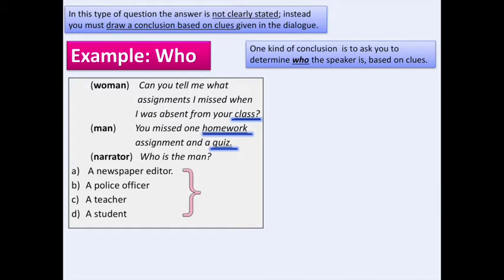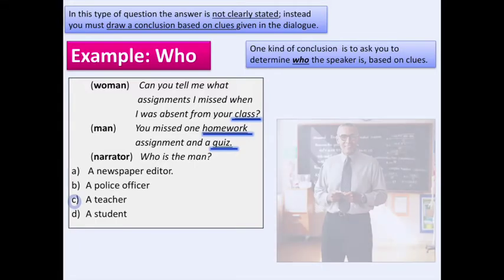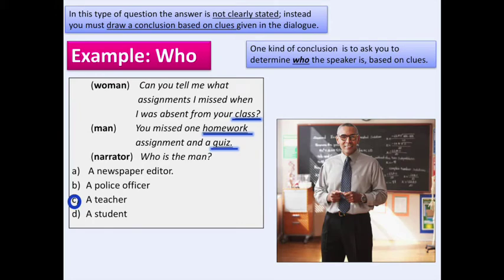Which of these kinds of people would be talking about class, homework, and quiz? Both C and D could be talking about these three topics. But when we look closer at what the second speaker said, we can see that the answer should be C, a teacher.